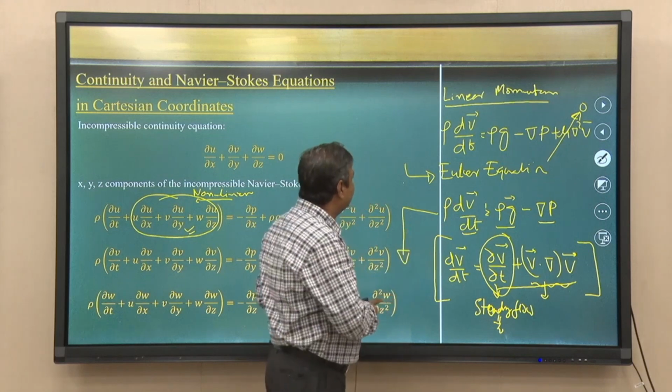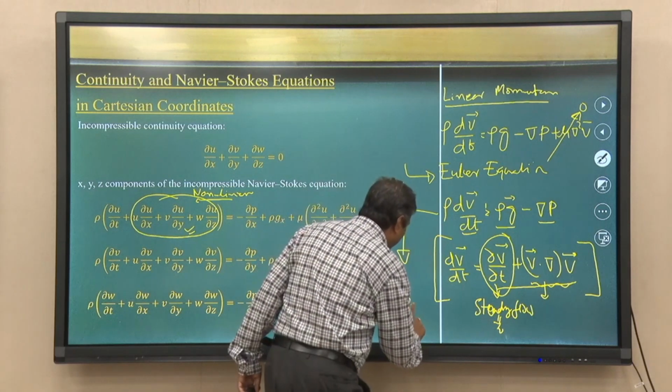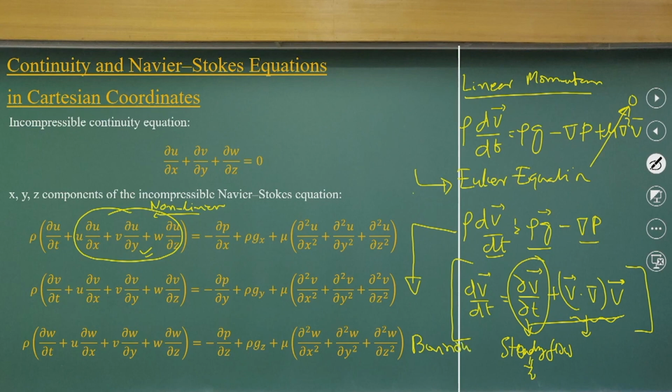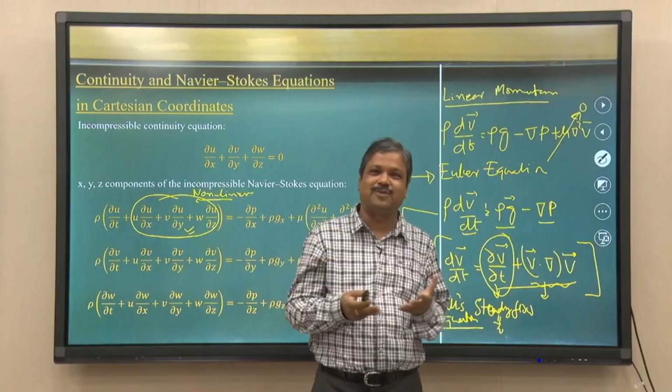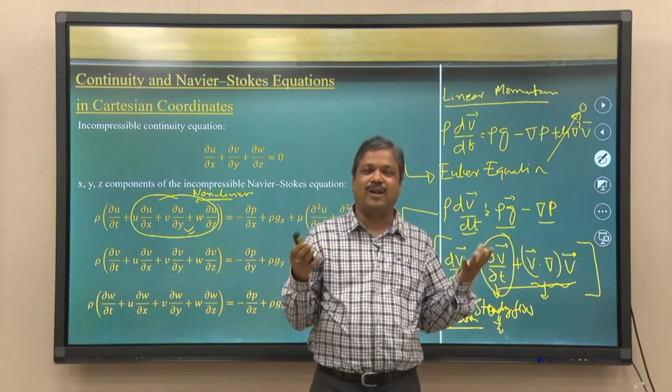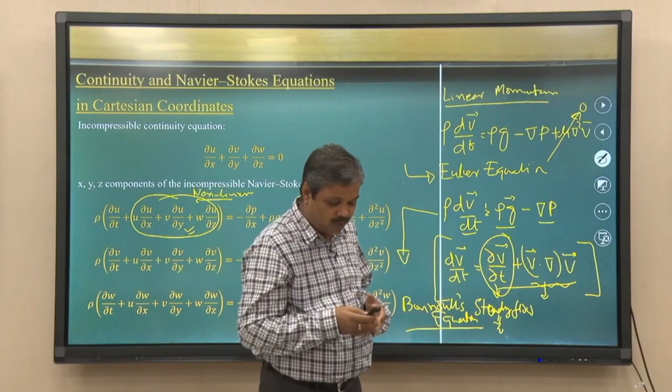To get the Bernoulli's equation, as I discussed many times, we misuse these equations many times, and also use them many times. Many times you apply the Bernoulli's equation without knowing the assumptions behind it.